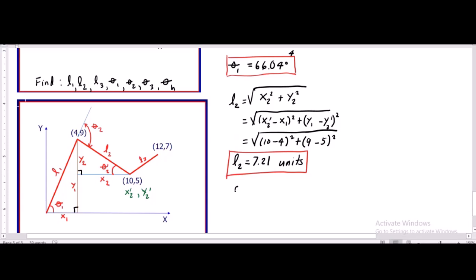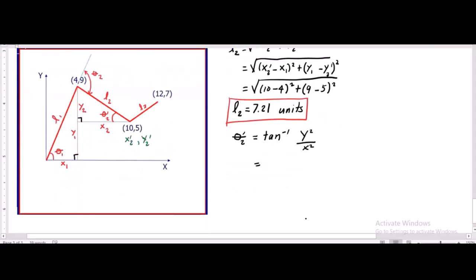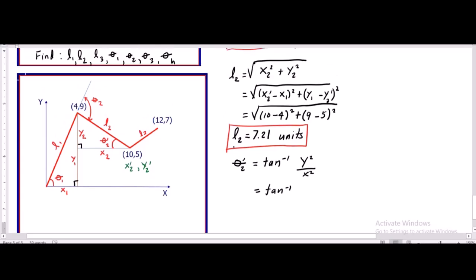So as I said, we cannot solve theta 2 without first getting theta 2 prime, which is the included angle of the link 2, which will be inverse tangent of your y2 divided by x2. So substitute the value: inverse tangent, our y2, which is 9 minus 5, which is 4, divided by 6. 10 minus 4 is 6.